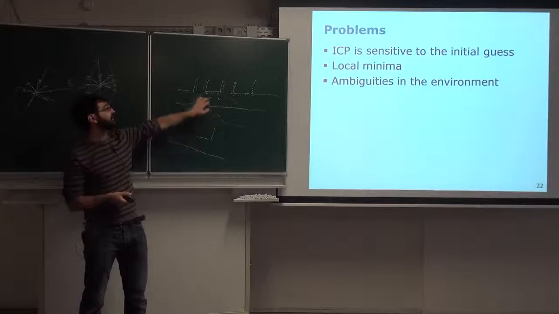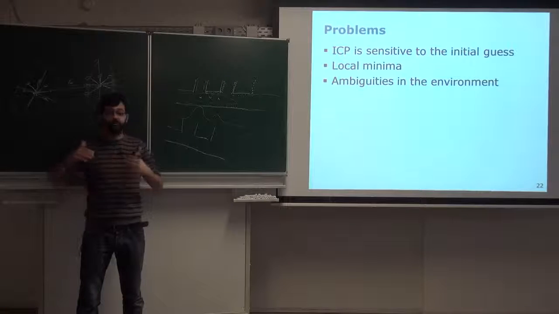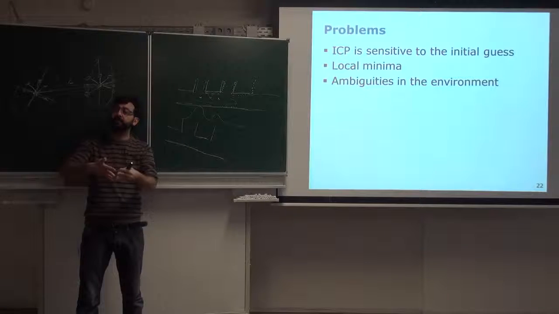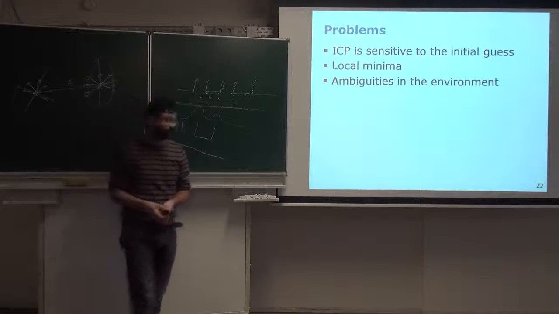One way of solving it is to do some sampling around there, so you will get something better, but you increase complexity in terms of time, because you need to run several ICP routines in parallel or one after each other to get one single solution.